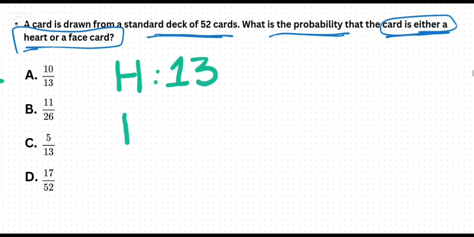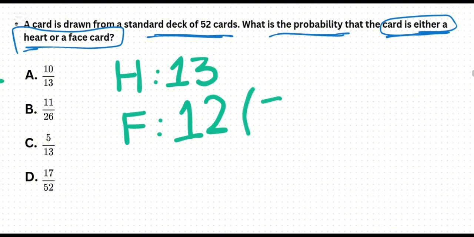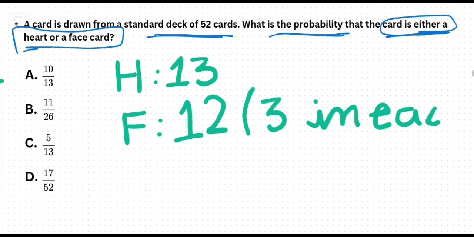In face cards the total is 12, and there are 3 face cards in each suit. Try to remember this, in each suit. Okay.